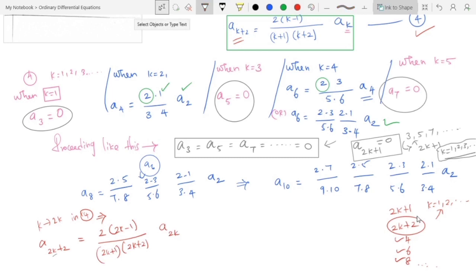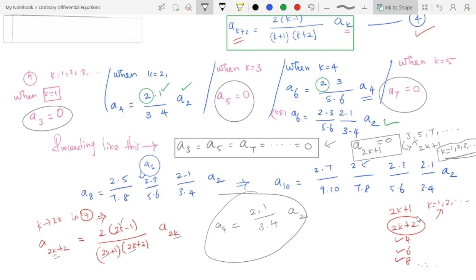When you replace k by 1, you get a suffix 4 equal to 2 into (2 into 1 minus 1), that is 1, by (2 into 1 plus 1), 3, into (2 into 1 plus 2), 4, into a suffix 2k replaced by 1, that is a suffix 2.